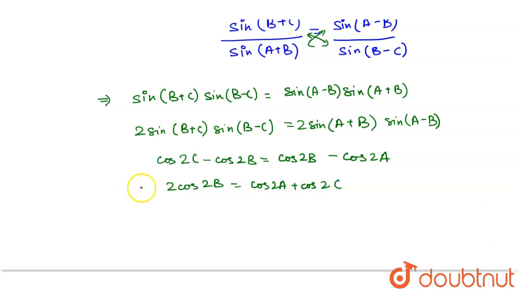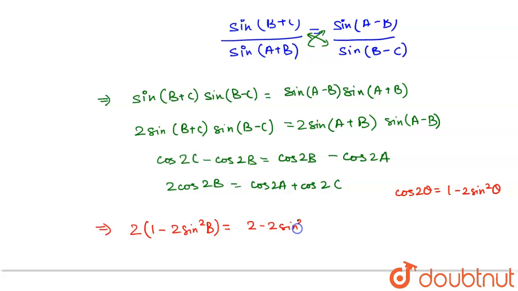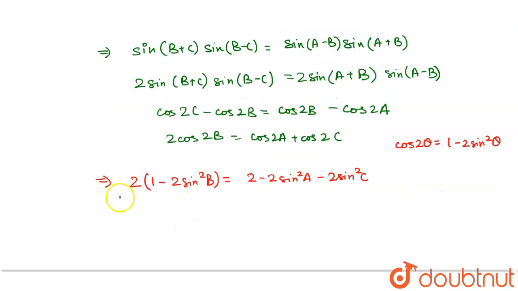Now moving ahead, I can write cos 2 theta as 1 minus 2 sin square theta. We know that, so I can use that formula over here. And what do I get? 2 into (1 minus 2 sin square B) is equal to 2 minus 2 sin square A minus 2 sin square C. I've written it along, or else I would have written 1 minus 2 sin square A, 1 minus 2 sin square C, and then added that. I just wrote it direct.